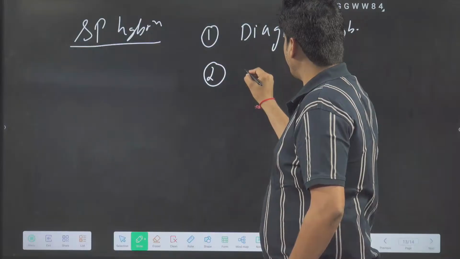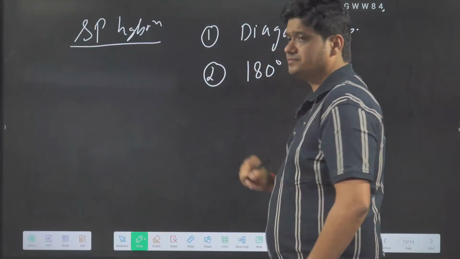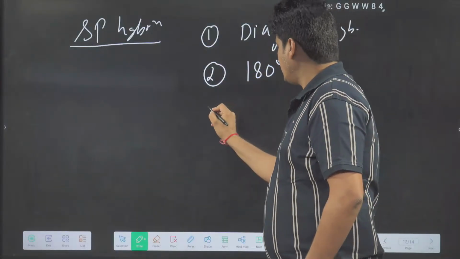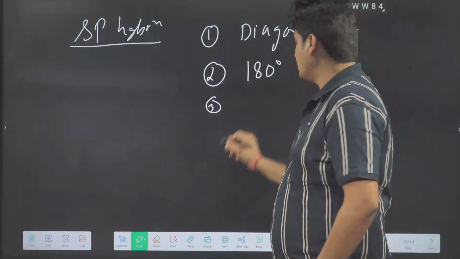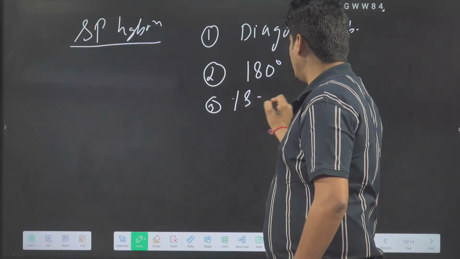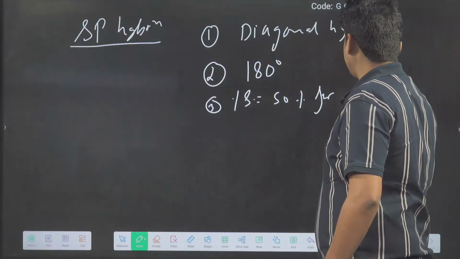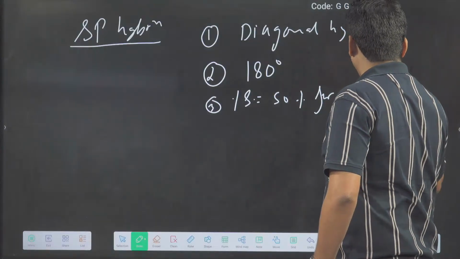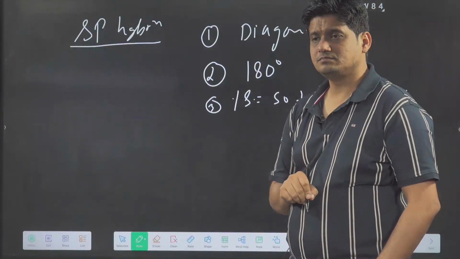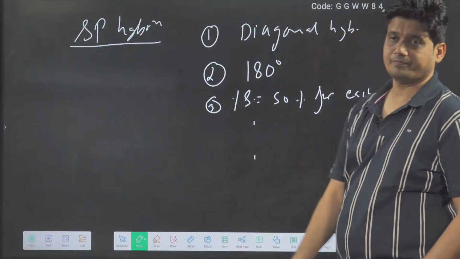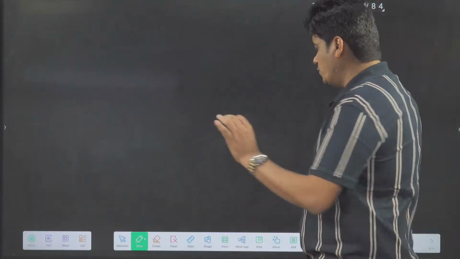Here the bond angle is 180 degrees. It has percentage s character equal to 50% for each hybrid orbital, and the diagram you all know. Let's move to the next one.